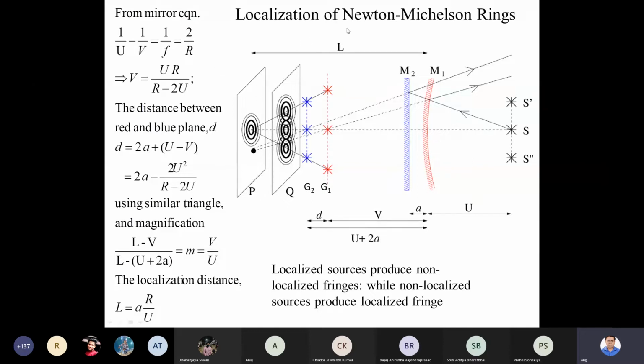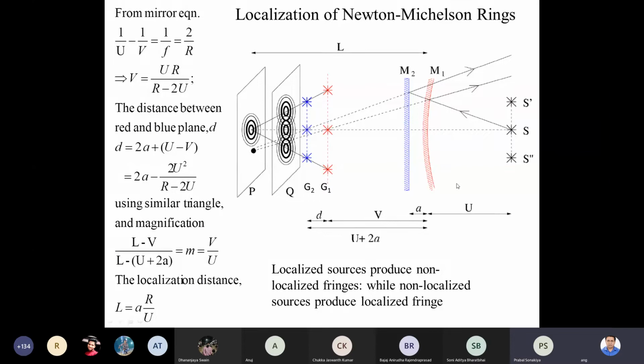Now in the Newton ring experiment also you have seen that you get circular rings, and you calculated the radius and radius of curvature and so on. These two experiments can be realized by just a simple mirror setup. Here you have M2 as a plane mirror. Sir, are we trying to perform these two experiments simultaneously?